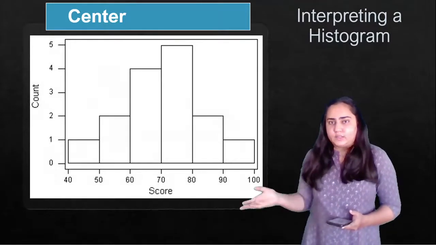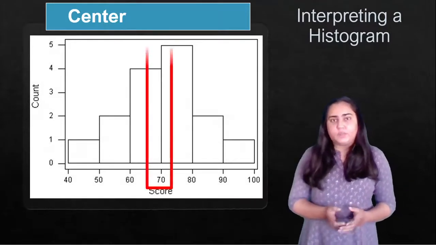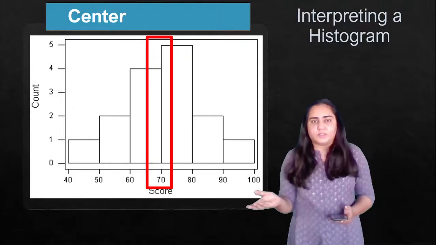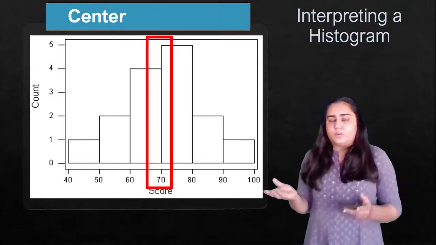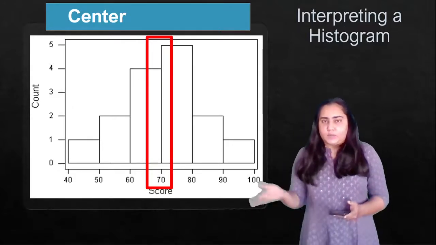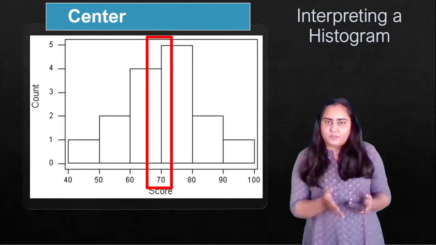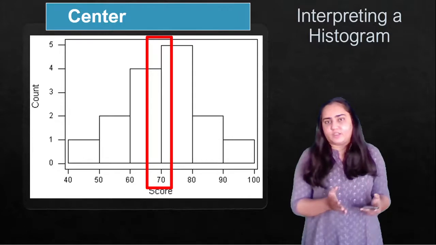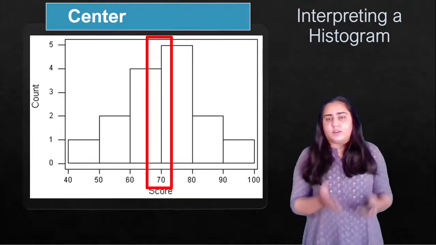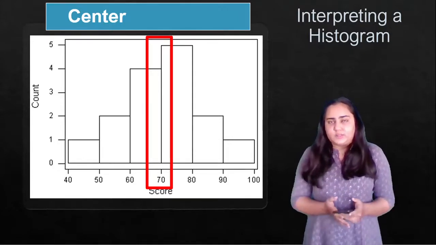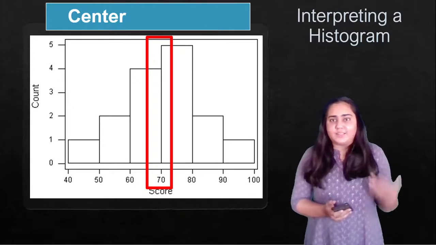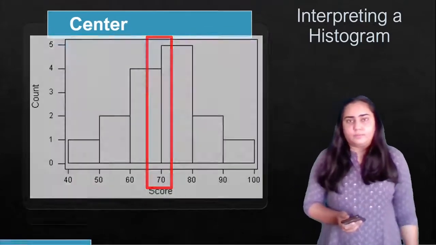Let's take a look at this histogram. In this histogram, you can say that the midpoint is 70, because when I use this as a midpoint, approximately half the values of the histogram are smaller than 70, and approximately half are greater than 70. So this is known as the center of a histogram.